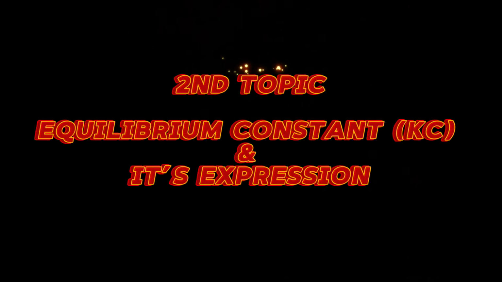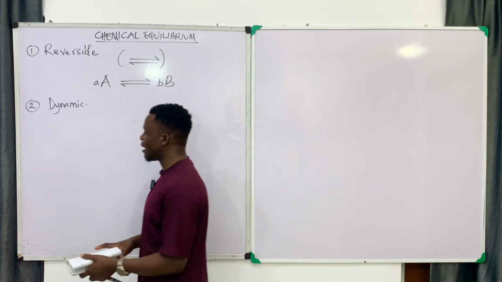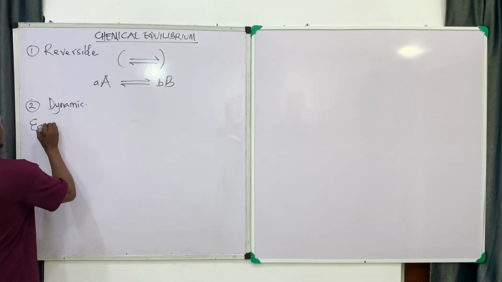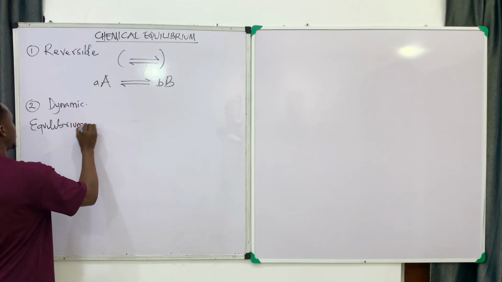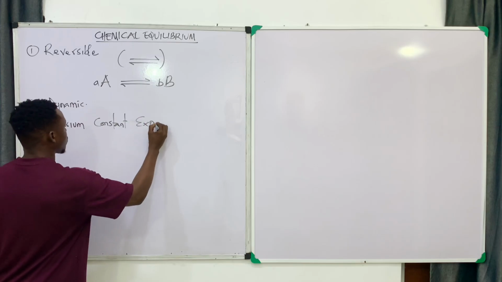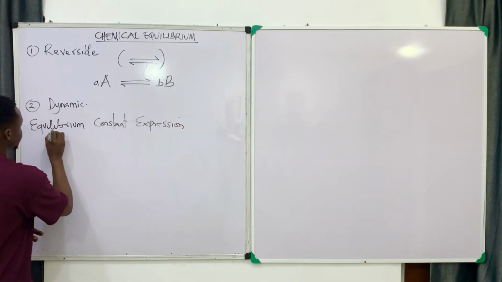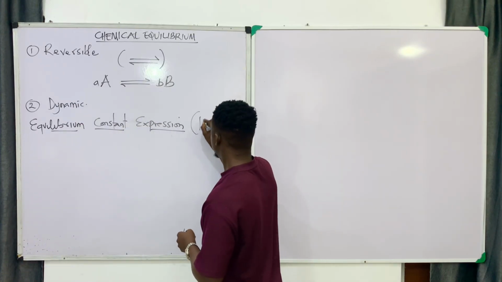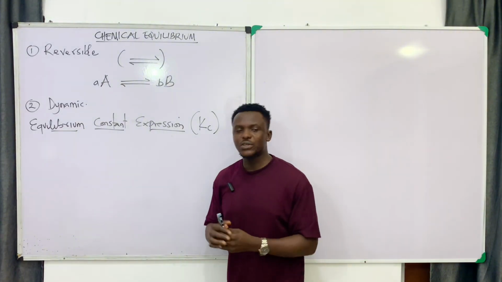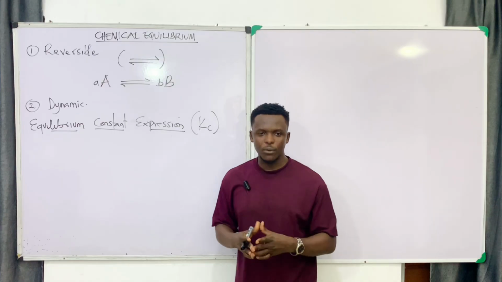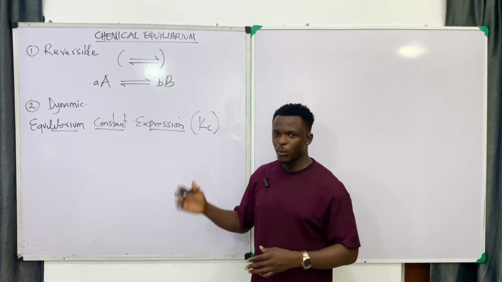Second topic, equilibrium constant Kc and its expression. The next one we're going to be looking out for is the equilibrium constant. It is important for me to state this: for any chemical reaction that is in equilibrium, there is always bound to be an equilibrium constant.